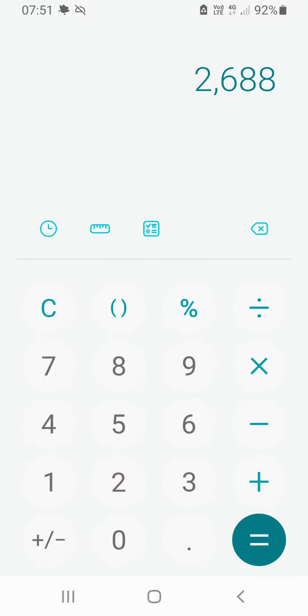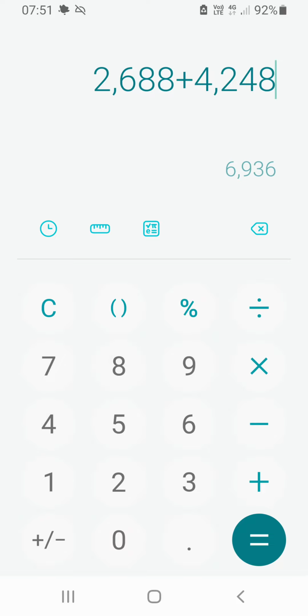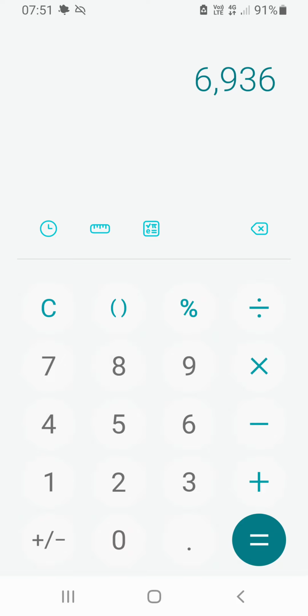So if we add those two together, it's 6,936. So that's how many days altogether in that 19-year Metonic cycle, using lunar months of 29 or 30 days, which averages out to 354 days in a lunar year, plus the extra 30 days for those 7 leap years.